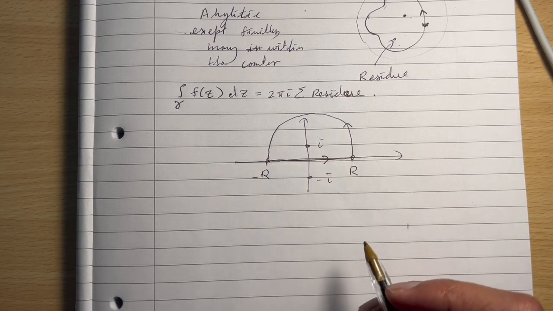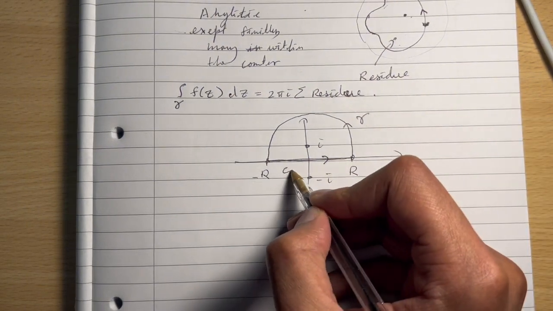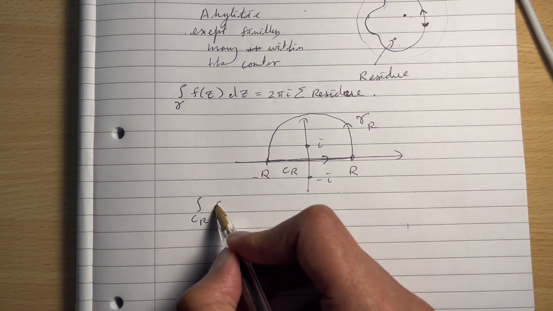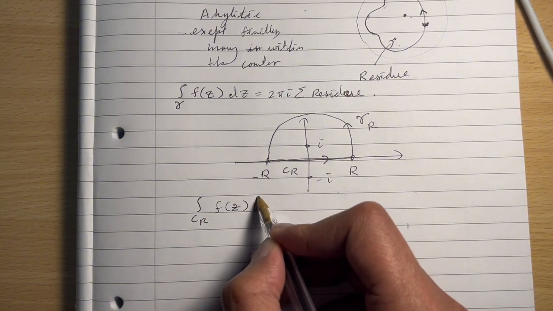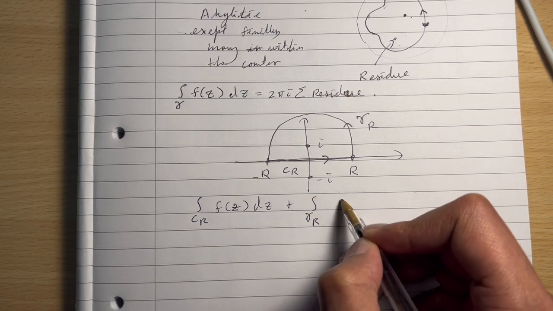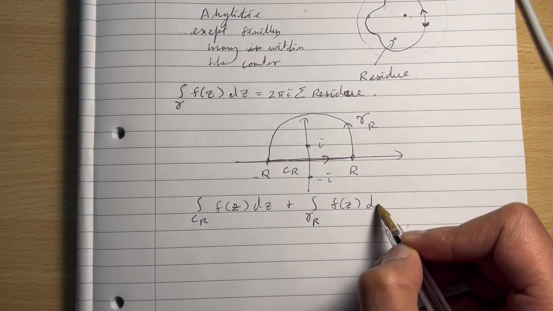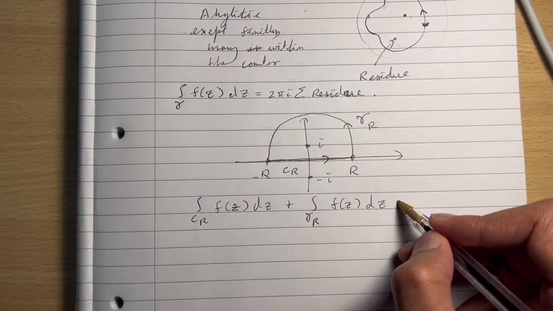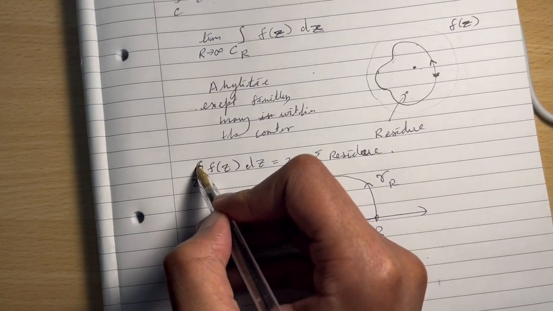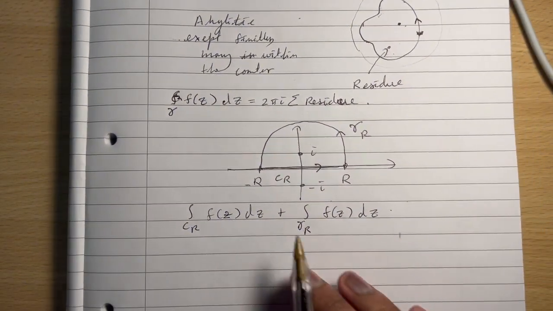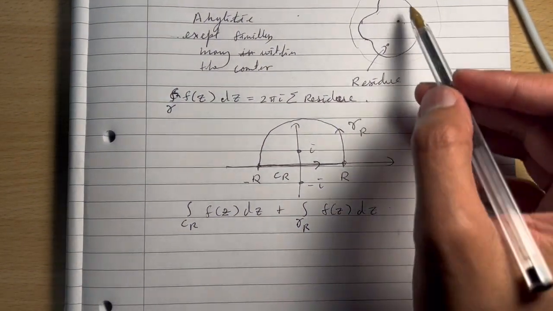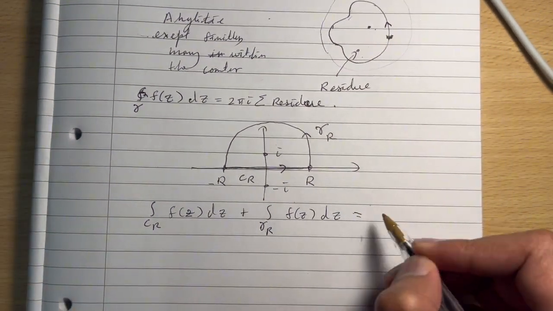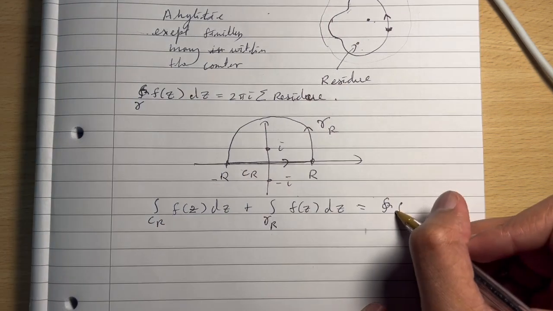If I call this gamma, this C_R, this is gamma_R, then our integral over C_R of f of z dz plus the integral over gamma_R of f of z dz, well, if we put these together, what we get is the contour integral. The way we normally write this is with a little circle on the integral sign, to show it's a closed contour integral. We just combine these two and we get the integral of f of z dz.